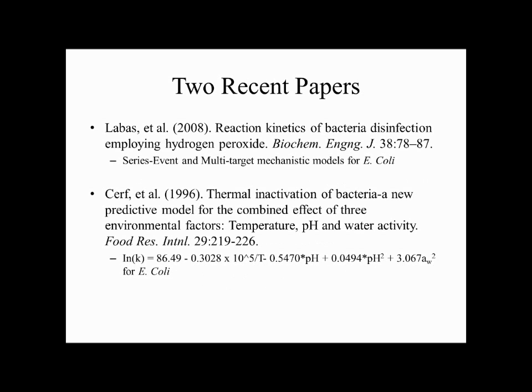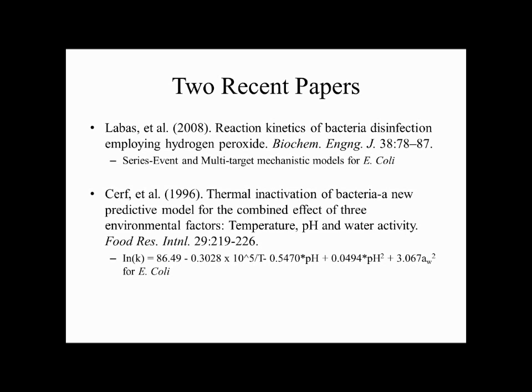So there's two papers that I'd made reference to. One of them's in 2008. It's actually got some disinfection kinetics for peroxide. It's looking at E. coli in particular. And it has a model, which is one of those models I showed you before, but don't worry about that. It's one of the few papers that addresses killing bacteria with peroxide and how long you have to take to get there.